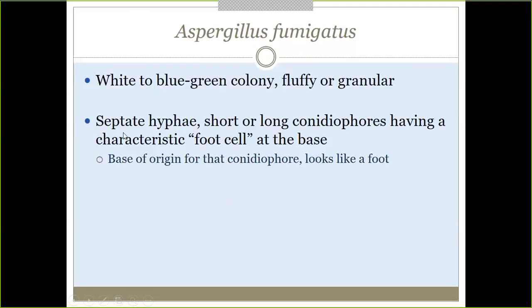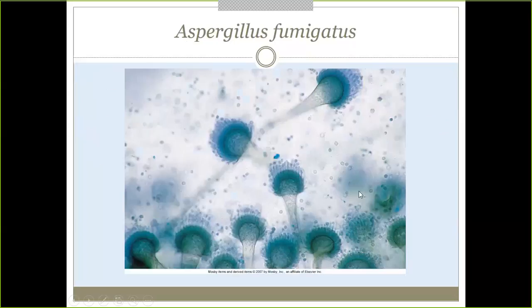Under the microscope, it's said to have what we call a foot cell at the base of it. It looks like a foot, is why they call it a foot cell. But I think it's not showing you the foot cell in this picture, so don't look for it. But isn't that pretty? It's just so pretty. But yes, you have to know the way Aspergillus fumigatus looks.